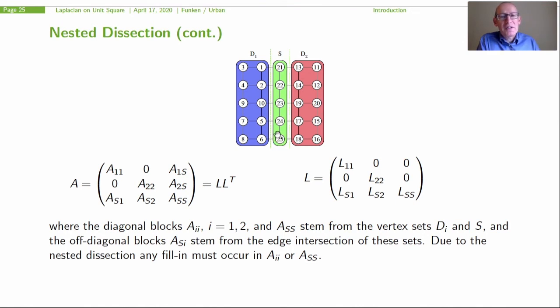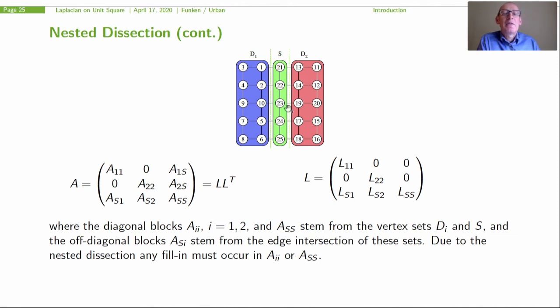Of course, if you have the 5-point stencil in mind and this would be the central node, then you have the neighbors which are also in the blue set, or the green, but you never have a connection from the red one.